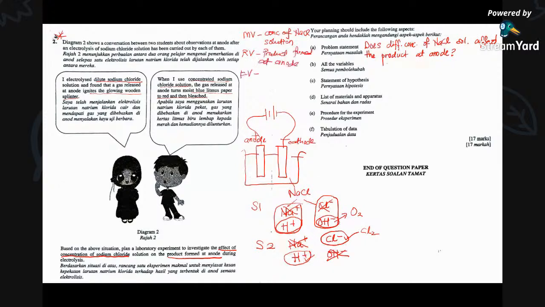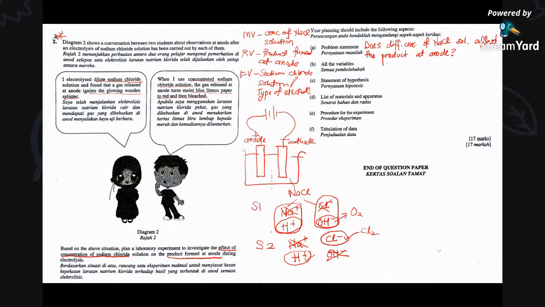What variable? If you see, you can fix the solution. That means you use a sodium chloride solution. I'm going to put in carbon electrode only, or type of electrode.